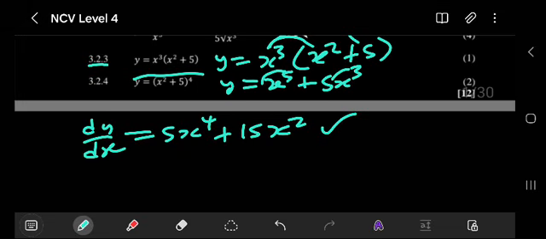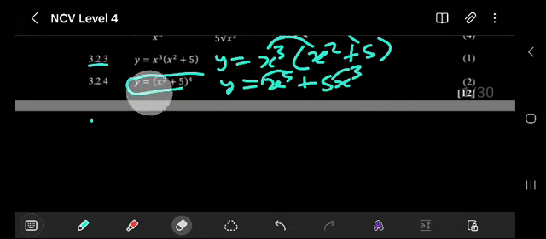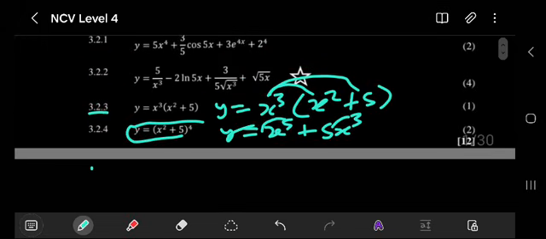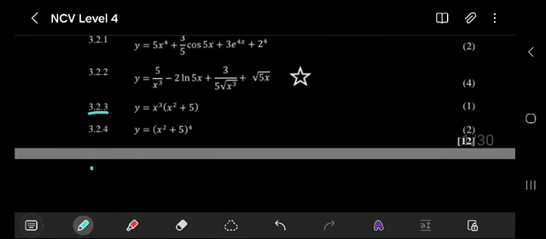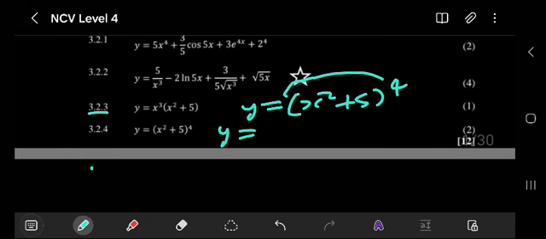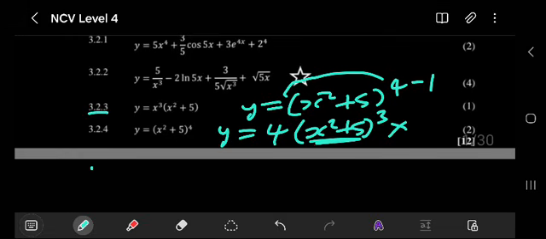Then let's check this one again that we have there. We have now y is equals to x squared plus 5. Okay, you can still use the same method. Drop the exponent, there will be 4, right? X squared plus 5, subtract 1 will have 3. Multiply by the derivative of the inside.